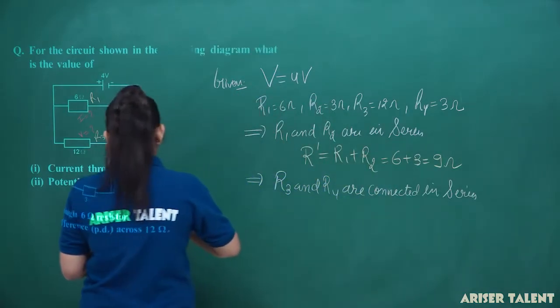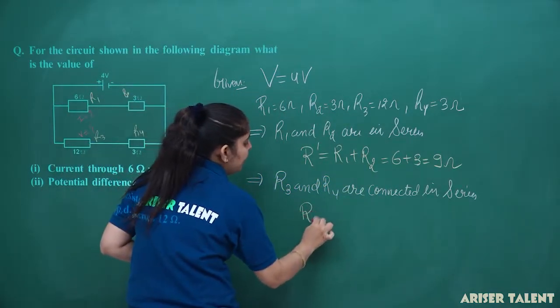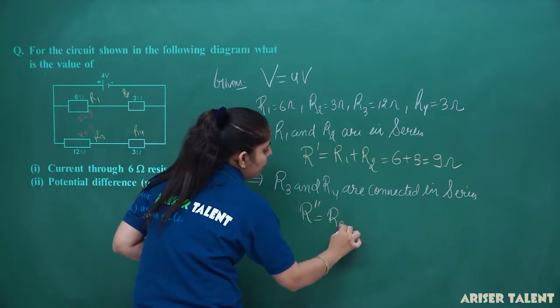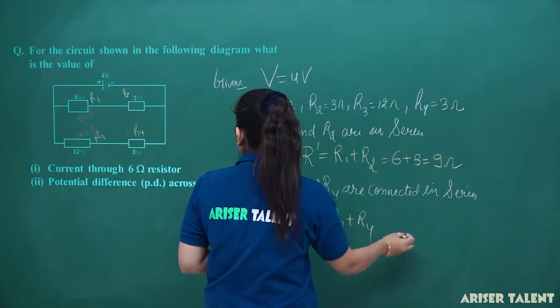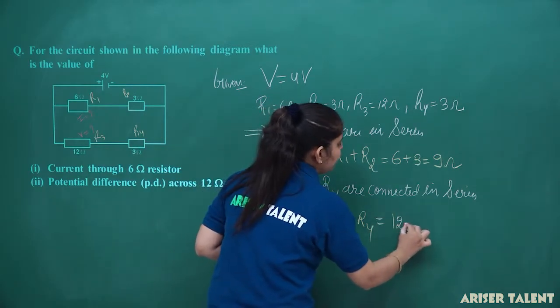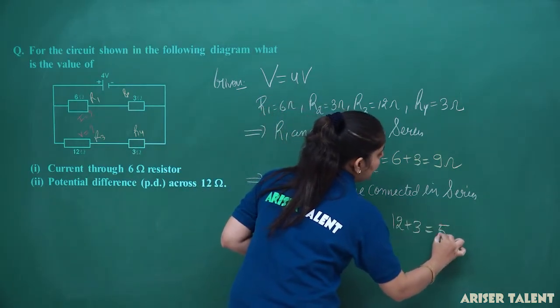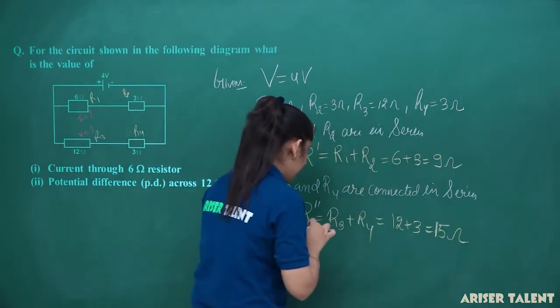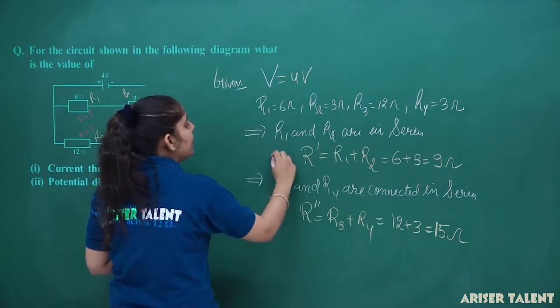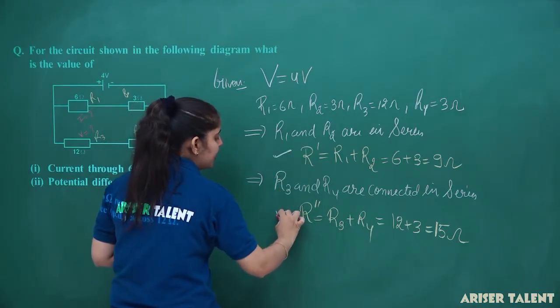So it can be written as R double dash, and it came out to be R3 plus R4. Now this R3 plus R4 will give you a value equal to 12 plus 3, and it came out to be 15 ohm. So you can see that we have calculated the series combination for part 1 first and the series combination for part 2.